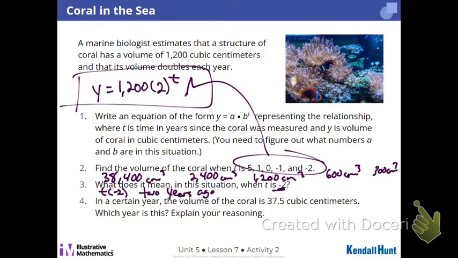And this is like a really applicable, real science thing that happens. I don't know about coral. Probably with coral they can do this. But definitely with carbon dating. And did you guys do any carbon half-lives last year in science? Sometimes 6th grade does it. Essentially, they can find something really old in the ground and say it has this much carbon in it. But we know carbon gets halved every this many years.